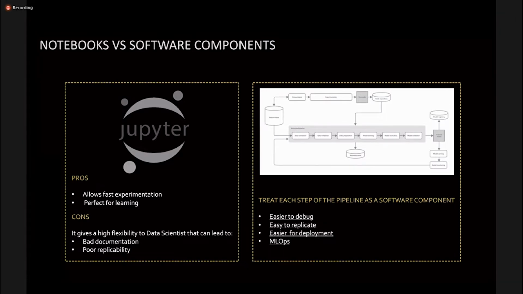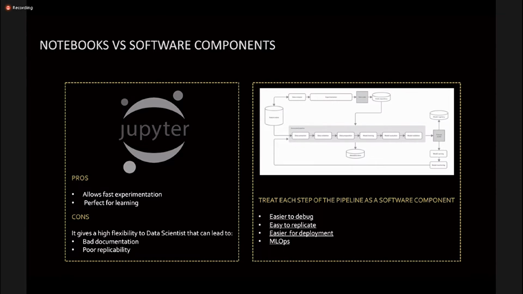Why? Because by definition, experimentation needs to be replicable. When you are performing scientific experiments, well, they need to be replicable. So notebooks are very good for learning, but you need to be careful how you use them when you are solving problems in a business context.